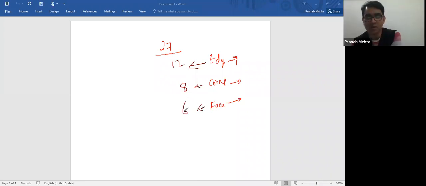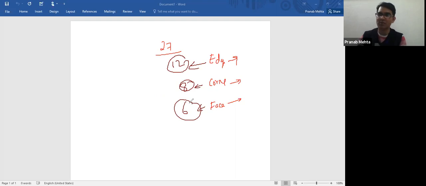This point is clear to all of you: when we are going to analyze these cubes, in this kind of question, when we are painting a cube and someone wants us to count the cubes, we do our complete analysis on edge, corner, and face. We know that altogether 12 edges are there, 8 corners are there, and 6 faces are there. Any doubt with this part?